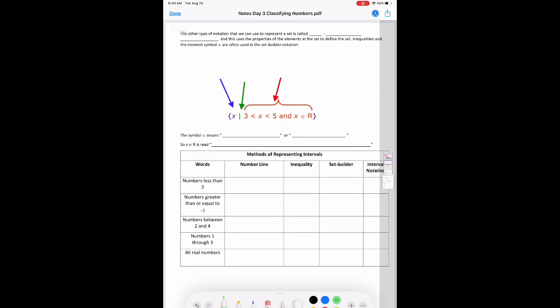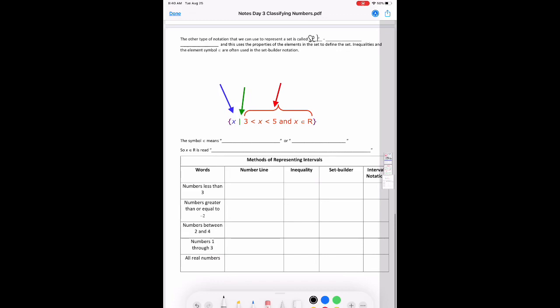The other type of notation that we can use to represent a set is called set builder. So guys, we are just exploring different ways to represent a set of numbers. Okay, so we have number lines, we have interval notation. Now we're going to talk about set builder notation.